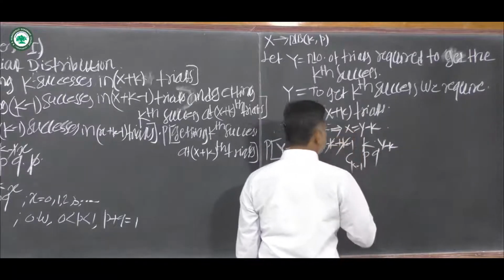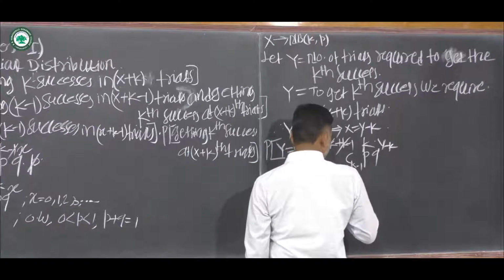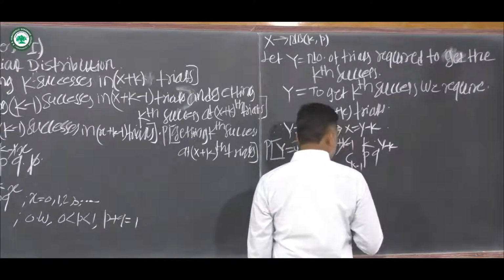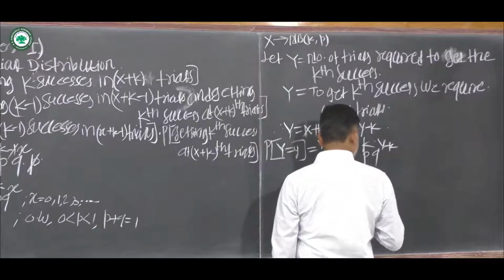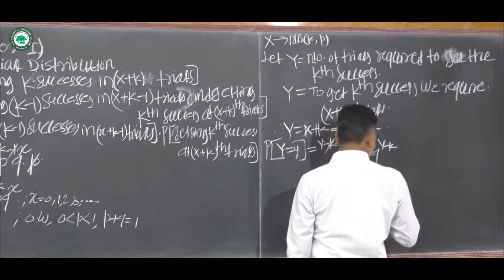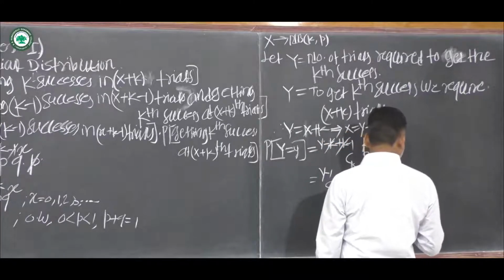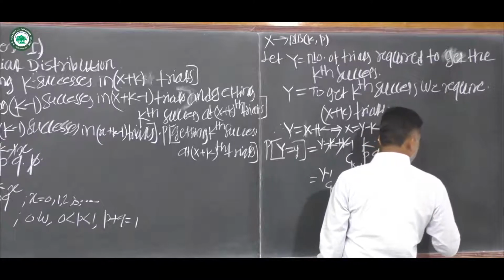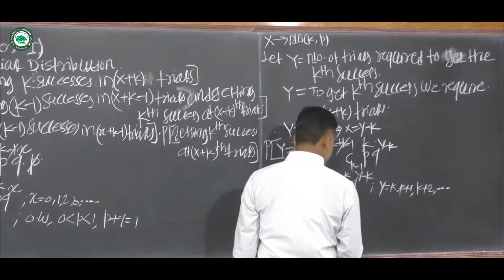Here k gets cancelled, which is equal to y minus 1 c k minus 1 into p raised to k into q raised to y minus k. Here y takes values k, k plus 1, k plus 2 and so on, 0 otherwise.